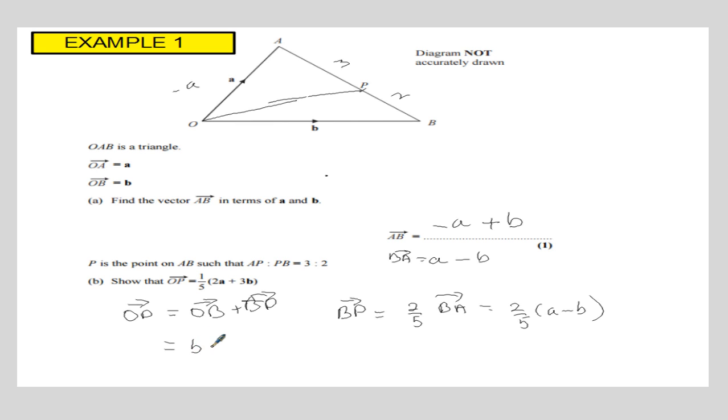So OB is B, and BP, which we're adding on, is 2/5 A minus B. So this is B plus 2/5 A minus 2/5 B, which is 3/5 of B, not A, plus 2/5 of A. And if we just factorize a 5th out of there, then we've got 1/5 3B plus 2A, which is what we wanted here. Okay, the B's and the A's are the other way around, but it's the same thing. So that's that question done.